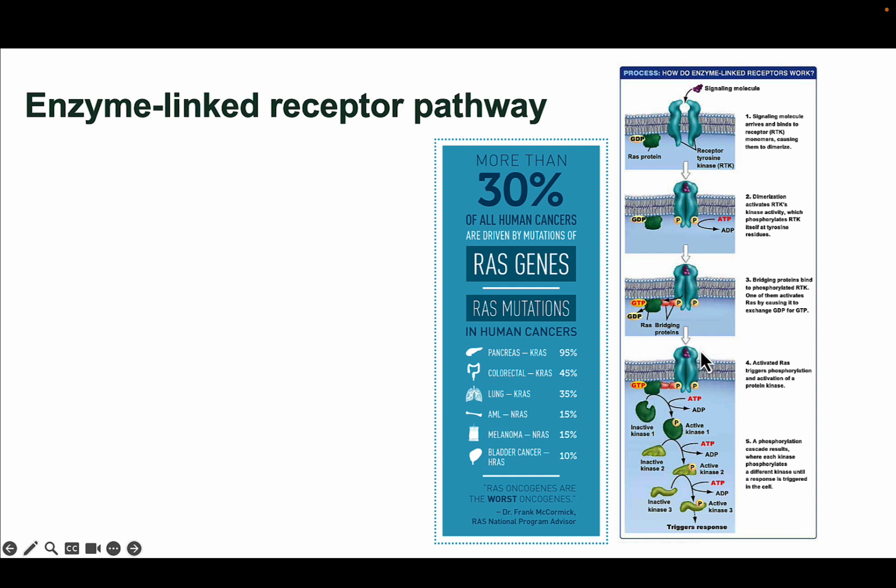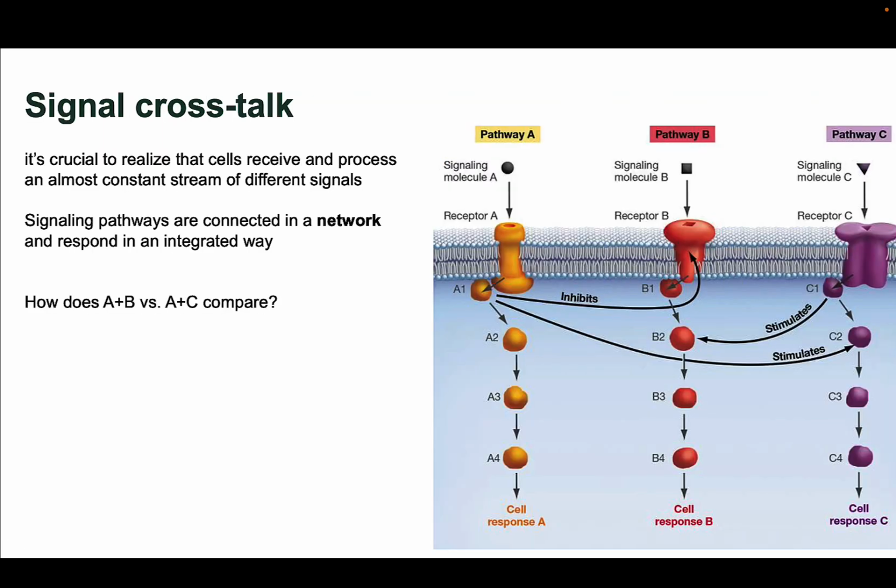So even in the absence of this receptor dimerization or in the absence of growth factors, this KRAS is on, it's bound to GTP, and it's causing this phosphorylation cascade, which culminates in a response for the cells to divide. And that's really problematic, and this could be a potential cancer therapeutic, targeting KRAS.